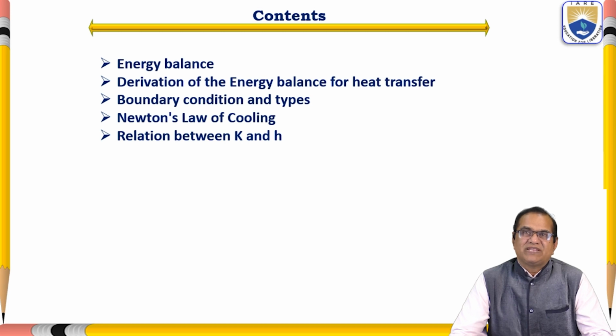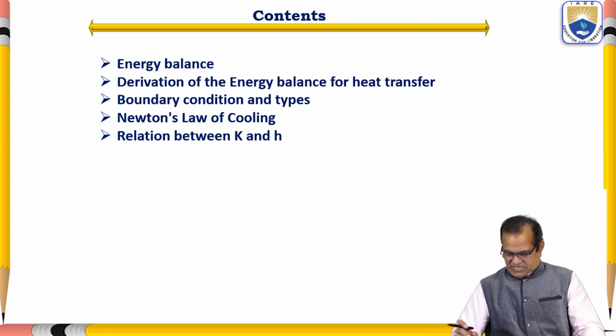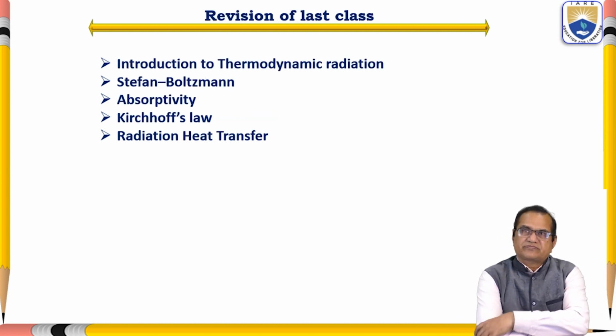We have to find, with the help of derivation, the energy balance for heat transfer, boundary conditions and types, Newton's law of cooling, and the relation between K and H, that is conduction and convection coefficients. This we are going to discuss in today's topic.